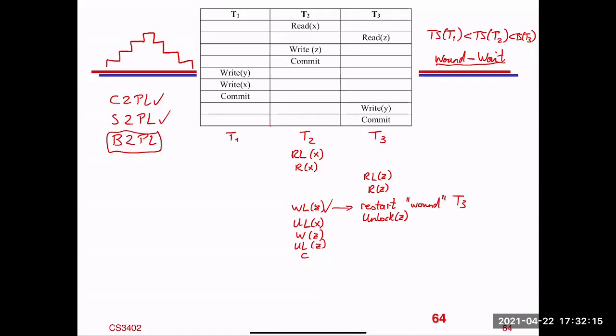go to T1. So we need to acquire the write lock for Y, and then we can write Y. Then we acquire the write lock for X. And then we can, what am I going to do next?